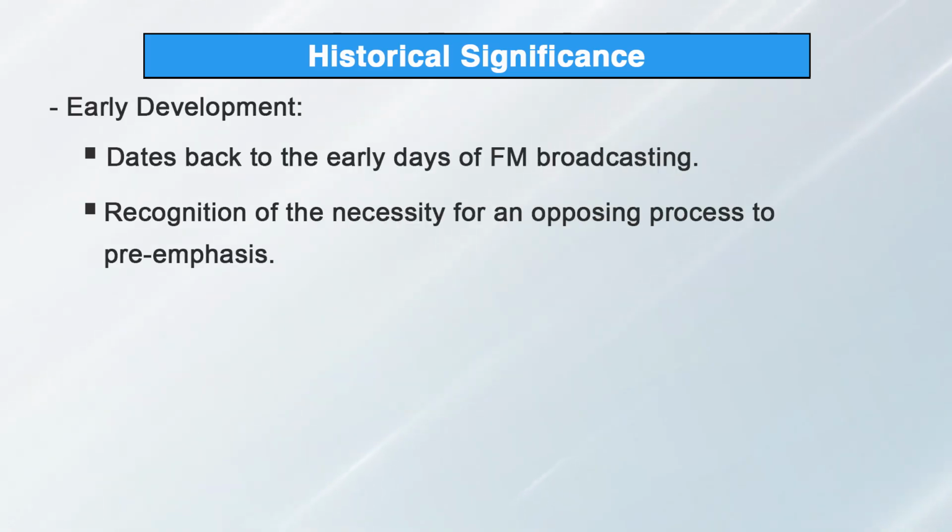Now, let us discuss some of the interesting historical significance related to the development of the de-emphasis technique. It dates back to the early days of FM broadcast. As engineers began to understand the benefits of pre-emphasis for improved signal to noise ratio, they quickly realized the necessity of an opposing process at the receiver end to restore the audio signal's natural balance.